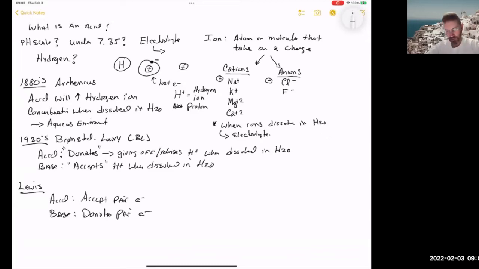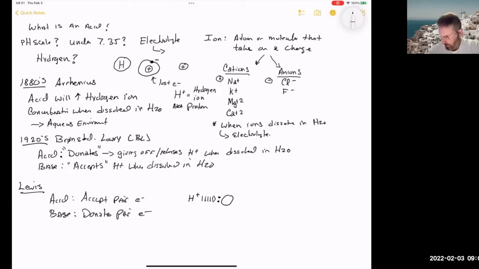It doesn't necessarily need to be hydrogen ions. A hydrogen ion does meet the definition of a Lewis acid. If you have a hydrogen ion, H plus, and some atom that has a pair of electrons in its valence, that hydrogen ion wants to get a hold of a pair of electrons to meet the octet rule, so it will interact with that pair of electrons.